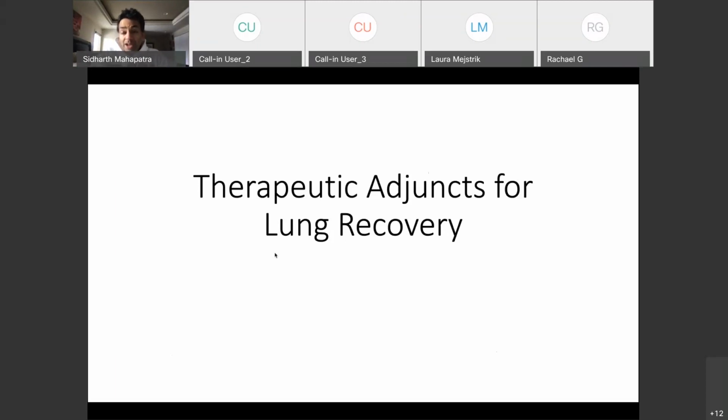And sometimes we try and rely on guidelines or other people or other experiences to help us. We didn't have any of that. So we had to figure out what we were going to do. We had to at least come up with an action plan. We also had a parent that was very invested and wanted to do everything available before calling it quits. And so we began to get into the therapeutic adjuvants for lung recovery.